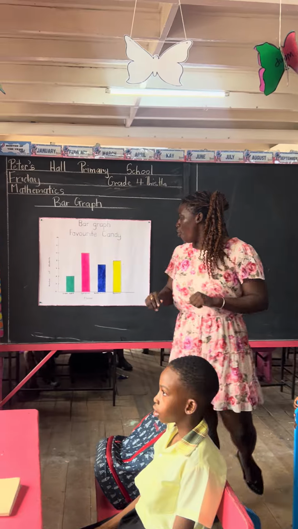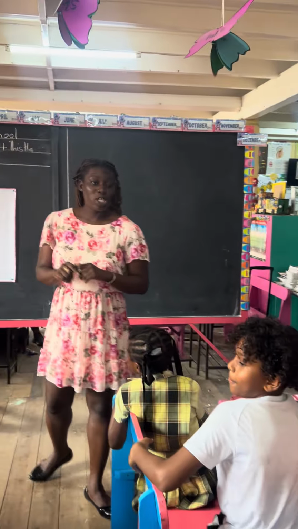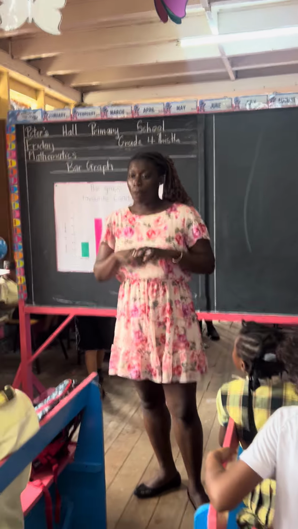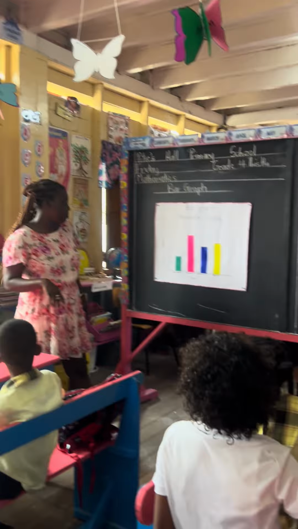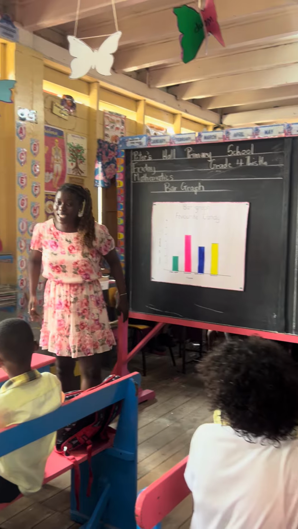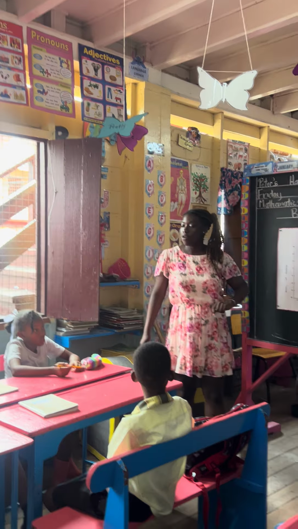Now, which one would you say have the most? Hold on. I didn't finish talking. I didn't ask my question. Which one would you say have the most children that most children like here? Yes, Mark. Caramel. Why? Because it's the highest. The bar went all the way beyond 10 for caramel.